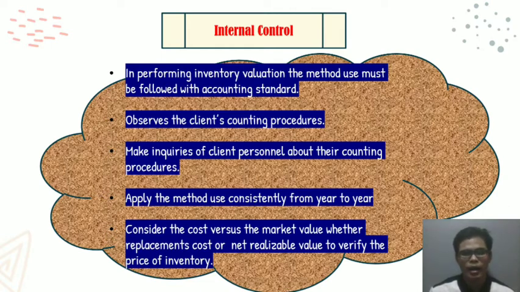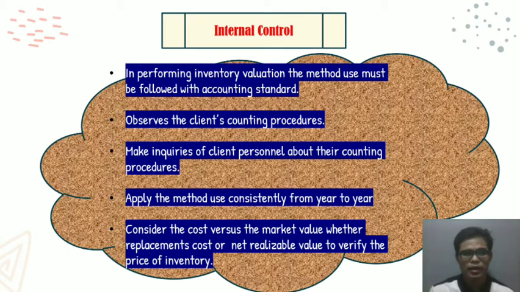That means the auditor needs to evaluate the management procedure, what type of valuation they use, in order for the auditor to examine their accounting standard. Second, the auditor needs to observe the client's accounting procedure. The third is to make inquiries of client personnel about their accounting procedure.